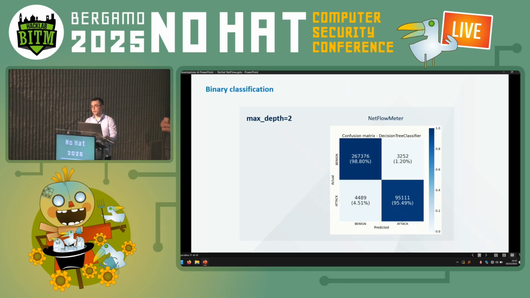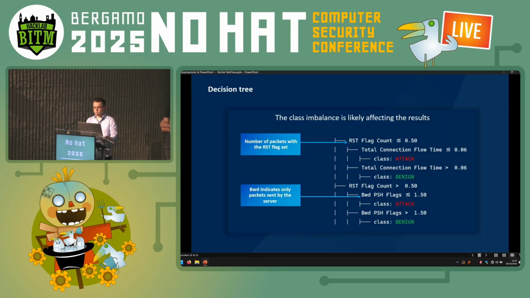So let's lower again the maximum depth to 2. And from now on, I'm going to show you only the results on NetFlowMeter for simplicity. So you can see that the performance is slightly decreased again. But this time we have a very small decision tree, so we can examine its textual representation.